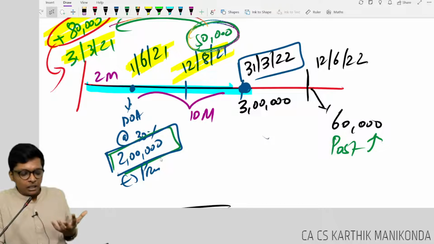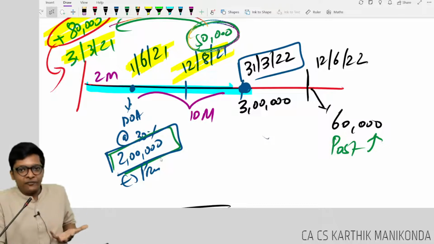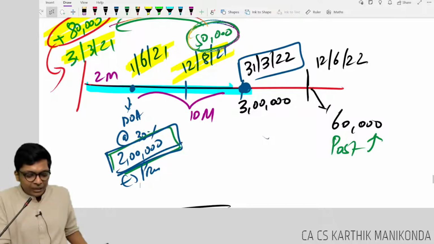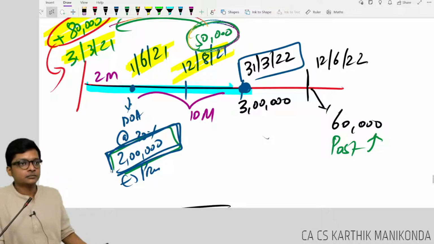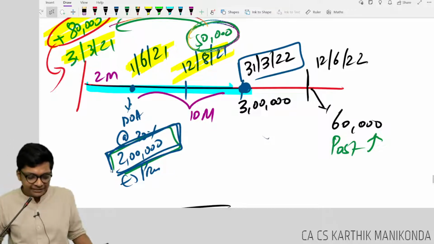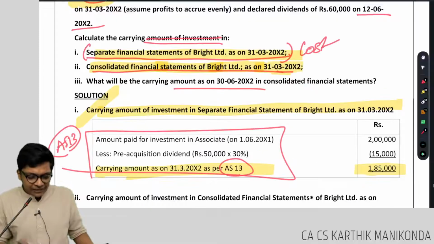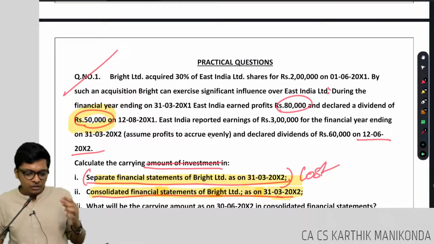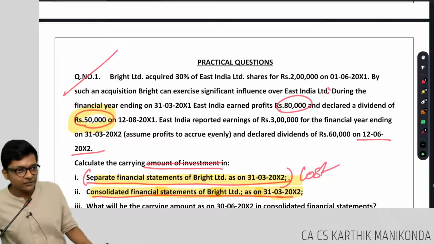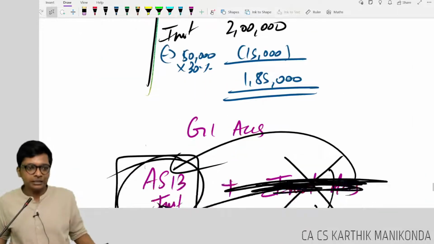Here goodwill, net assets cannot be found. Even if you don't find, 2 lakhs is inclusive of goodwill. Correct? So let's do it. Can I find goodwill? Is there details in question? They have not given net assets. We can't find. So you will just take the same value.